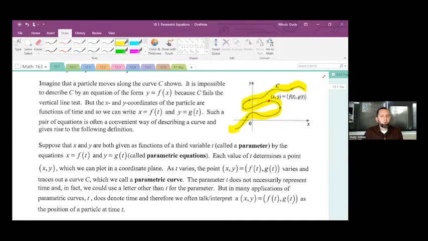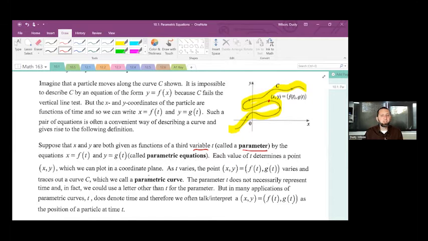So here's our wordy definition. Suppose that x and y are both given as functions of a third variable t. Here, that variable has a special name. It's called a parameter. It's given by the equations x equals f of t and y equals g of t. These are called the parametric equations.